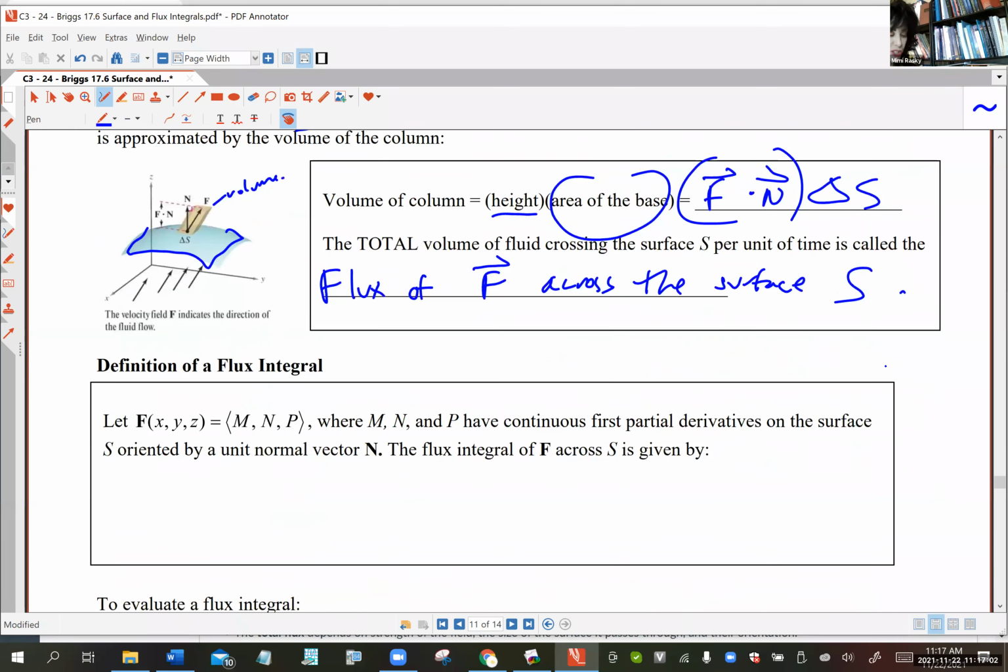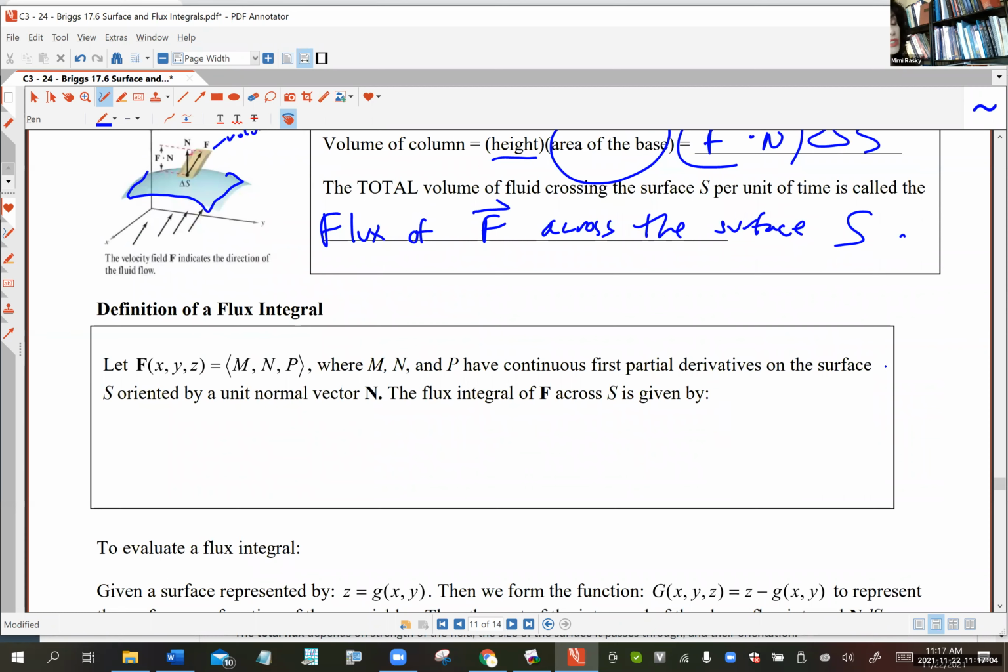So now let's officially define a flux integral, which is just a special surface integral. So you're first going to have a vector field. The components are M, N, and P. Your book may call them something else. I think your book likes to call it F, G, and H, but I don't like that because we have enough F's and G's running around. We don't need more. And assume that M, N, and P have continuous first partials on the surface. And let's say it's oriented.